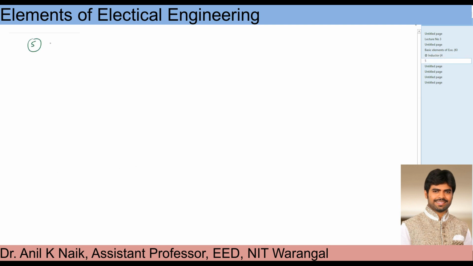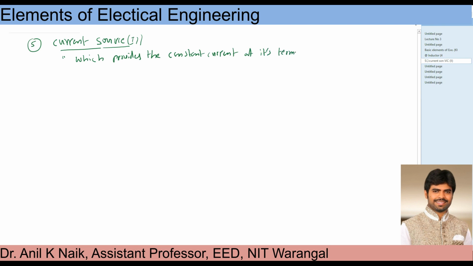The next element is the current source. The definition you can write is: it is an energy source which provides constant current at its terminals, irrespective of the voltage that appears across its terminals.